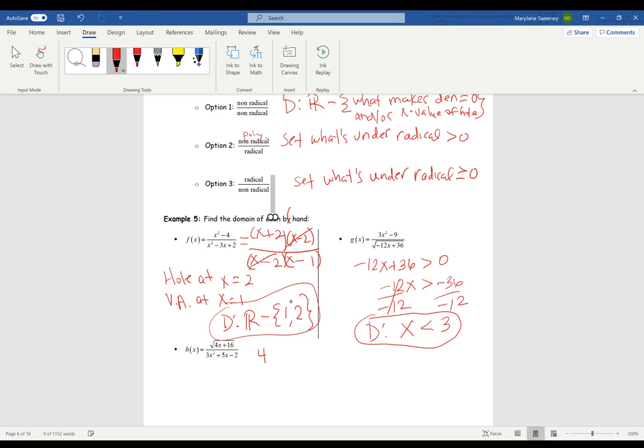Okay, radical. We're going to take radicals on the top. So we're going to set it greater than or equal to 0. However, we are going to have to exclude anything that makes the denominator equal to 0. So I should probably put that here.